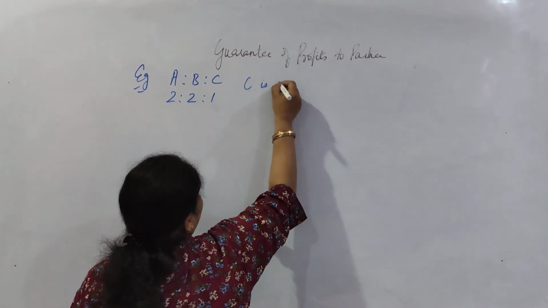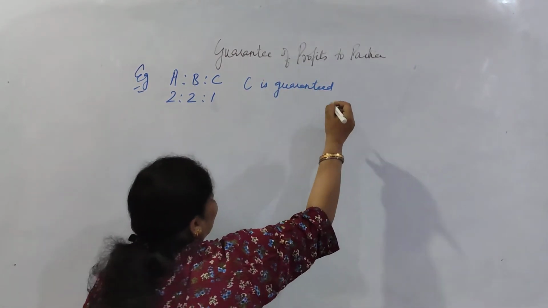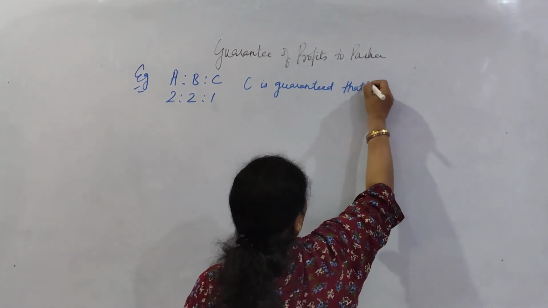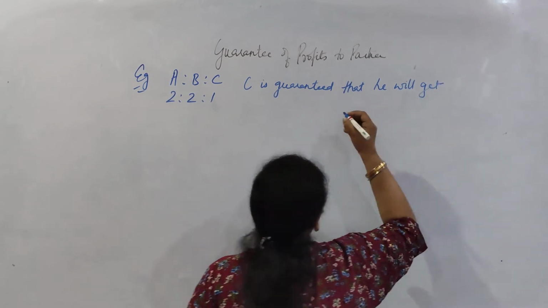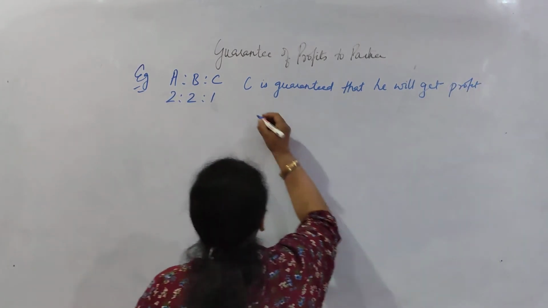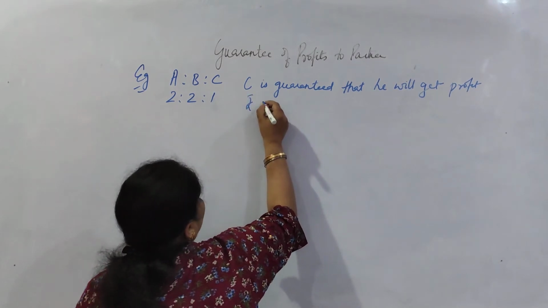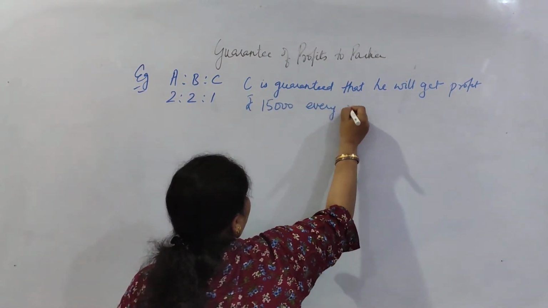C is guaranteed that he will get a profit of rupees 15,000 every year.